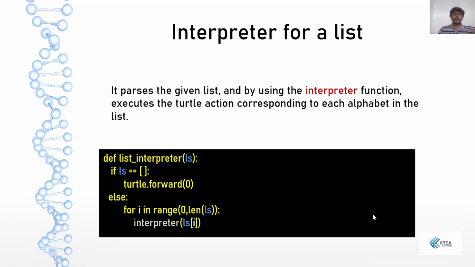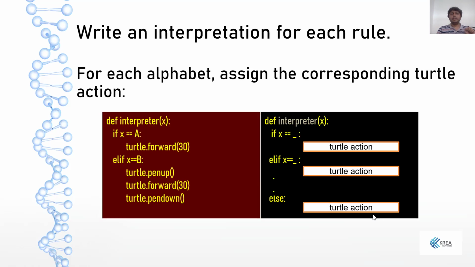And now we have an interpreter for a list. Once you have an interpreter for each symbol, then you can have an interpreter for a list. It parses the given list, and by using the interpreter function, it executes a turtle action corresponding to each alphabet here.